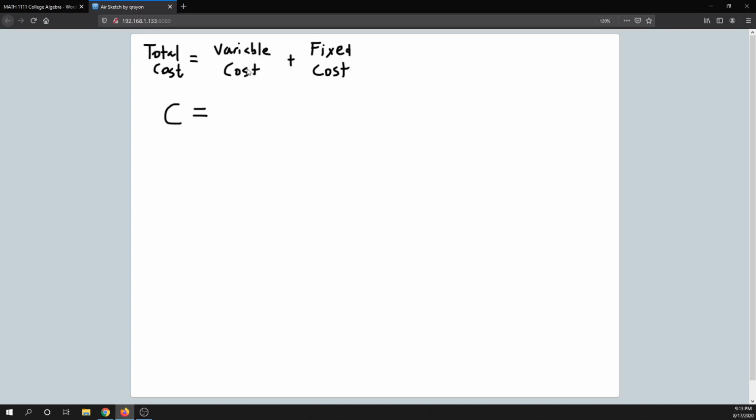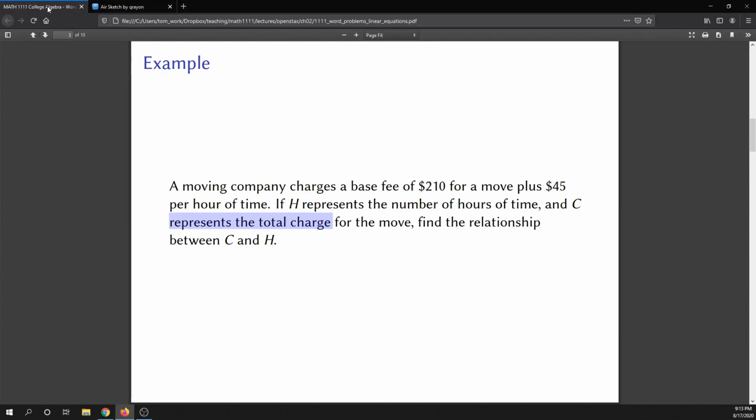The fixed cost is typically a fixed dollar amount and pretty easy to find. It says a moving company charges a base fee of $210, so that would be the fixed cost. Say you only have a one bedroom apartment, so you don't have that much stuff.